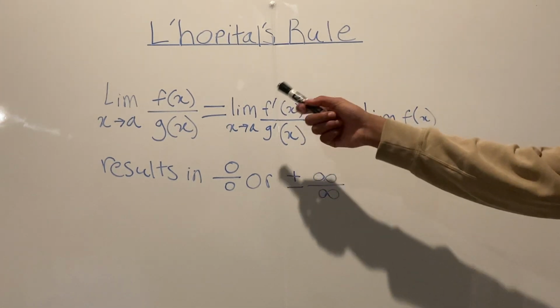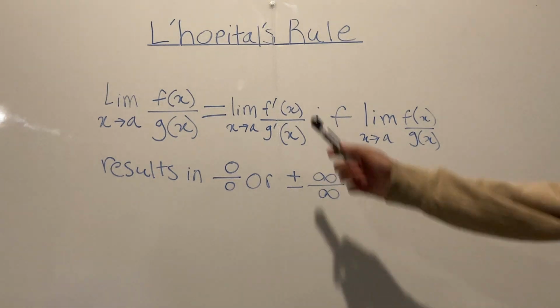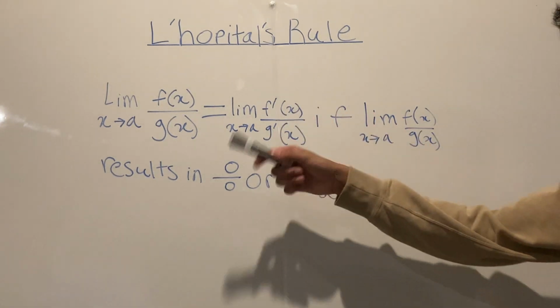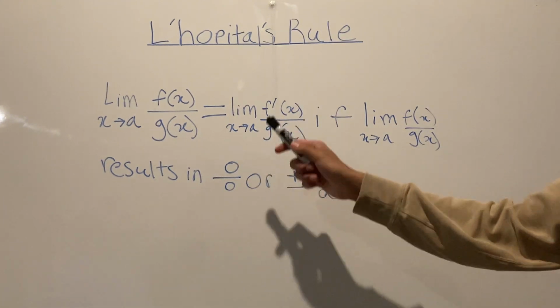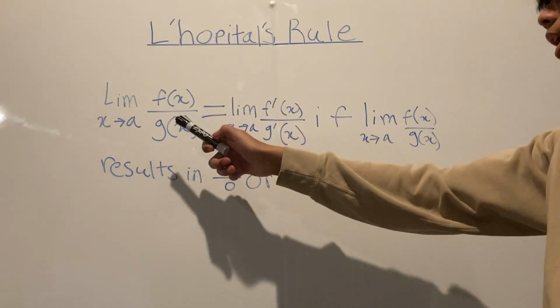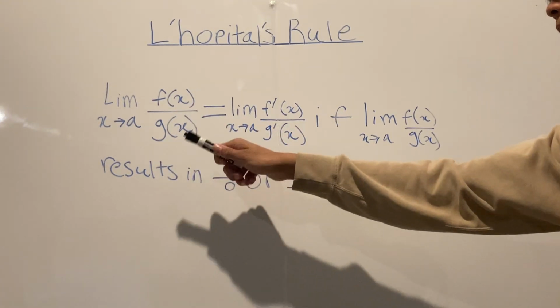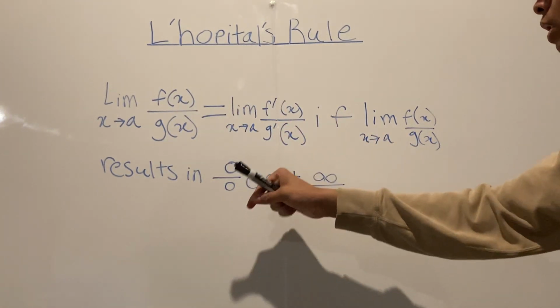Okay, so this is L'Hopital's rule, and it's basically another method of evaluating limits that result in an indeterminate form. So let's say we have the limit as x approaches a of f of x over g of x.